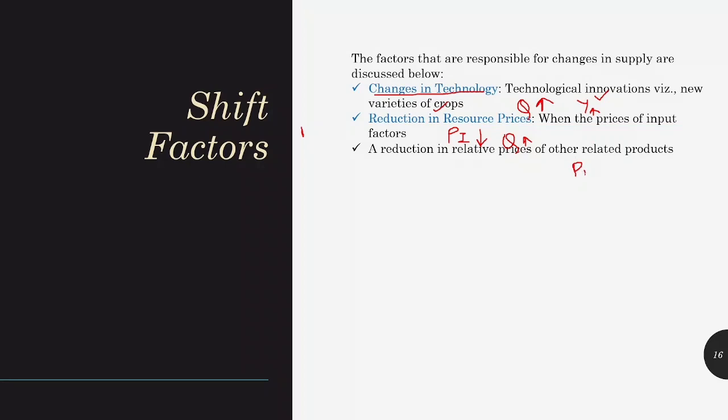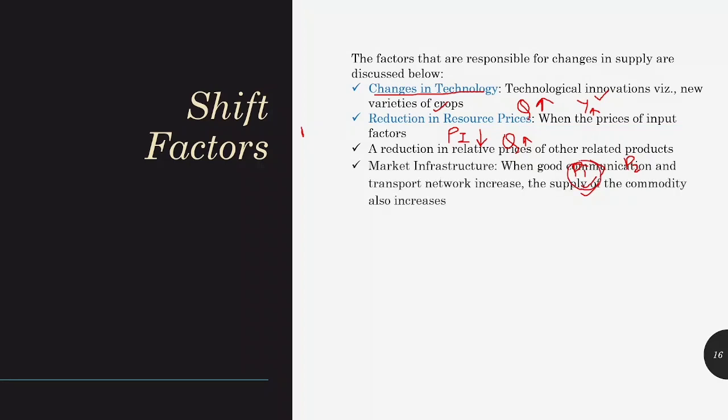Suppose price of a related product decreases. So the producer will produce more of that commodity whose price is higher in the market. Then market infrastructure. Now good communication is there, good transport network is there, supply is good.